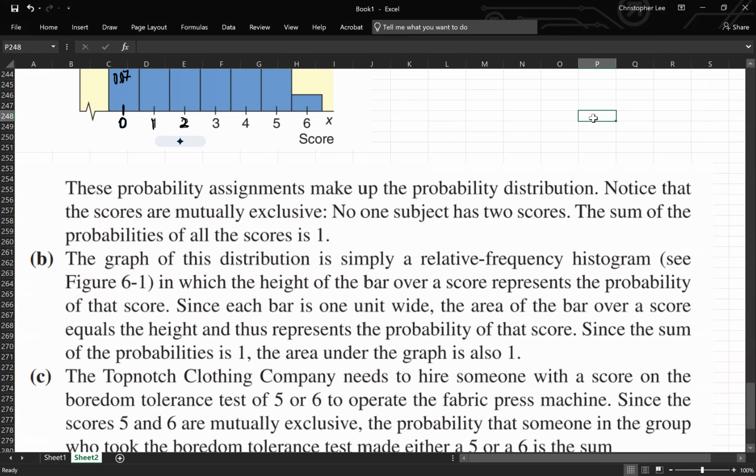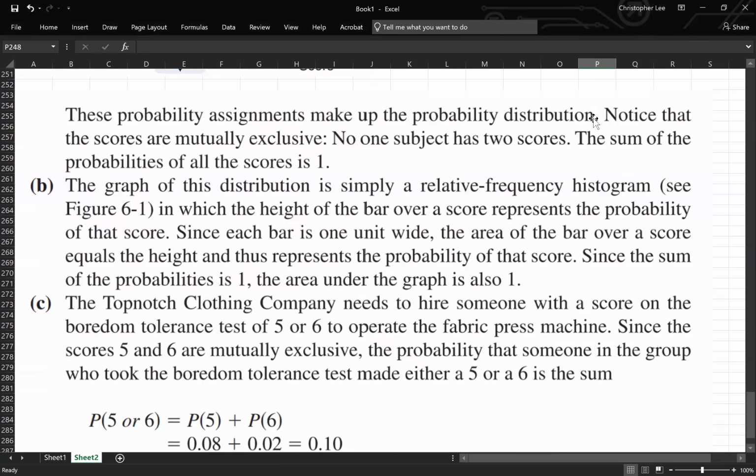The sum of the probabilities of all of the scores is one. The graph of this distribution is simply a relative frequency histogram in which the height of the bars over the scores represents the probability of that score. Since each bar is 1 unit wide, the area of the bar over the score equals the height and thus represents the probability of that score. Since the sum of the probabilities is one, the area under the graph is also one.